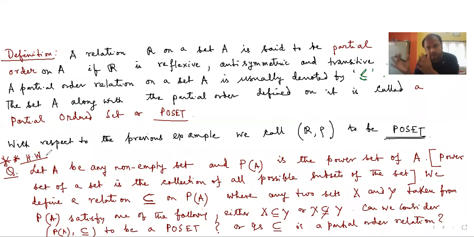Another idea which you have got from here is that if we have a partial order relation, the set under consideration along with that partial order gives you a different kind of set which is called POSET. Sometimes it is also called partial ordered set. So on one hand, you have equivalence class and equivalence relation. On the other hand, you have partial order relation and POSET. Okay, so try to figure out these things in your brain in this particular manner, and do not be haphazard in learning these things.